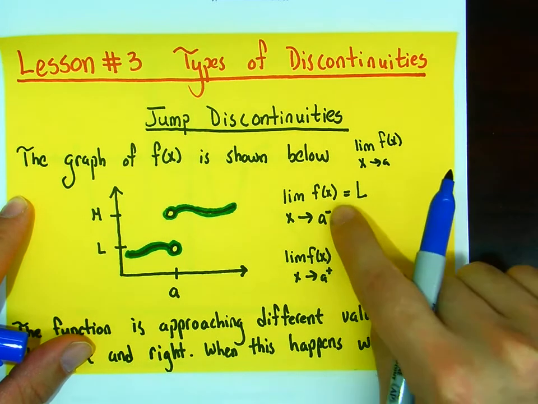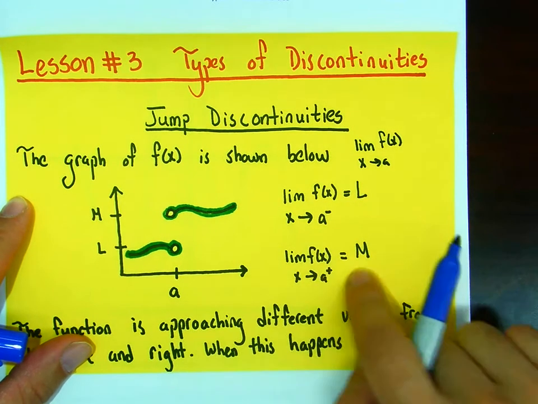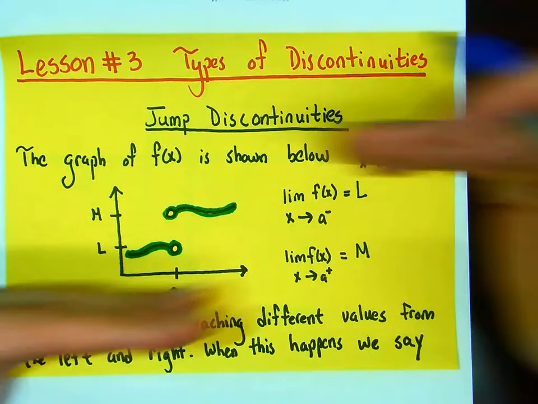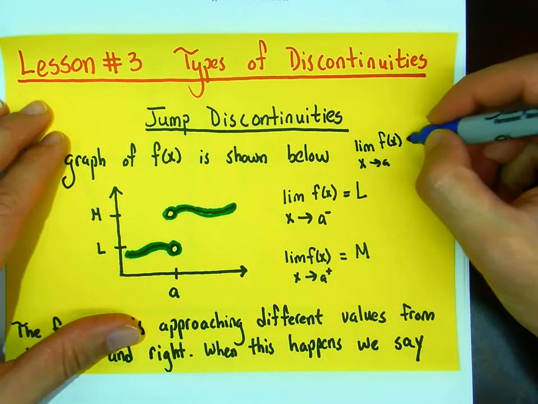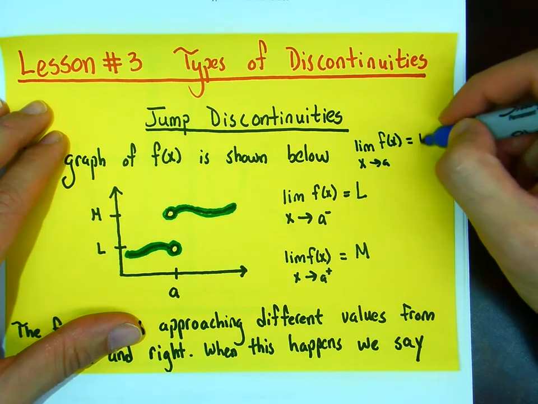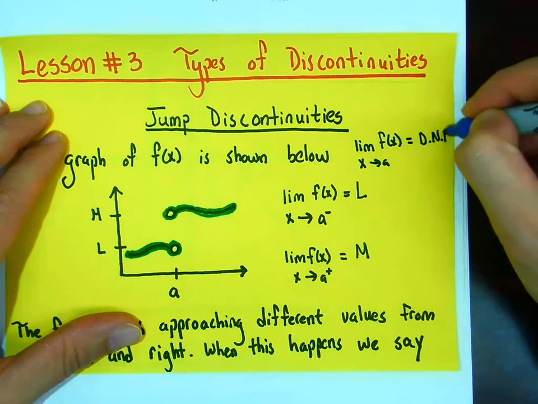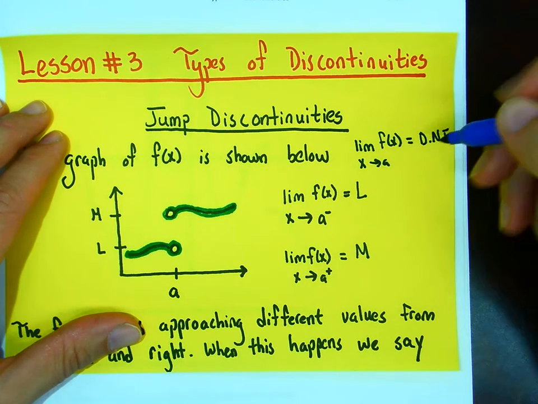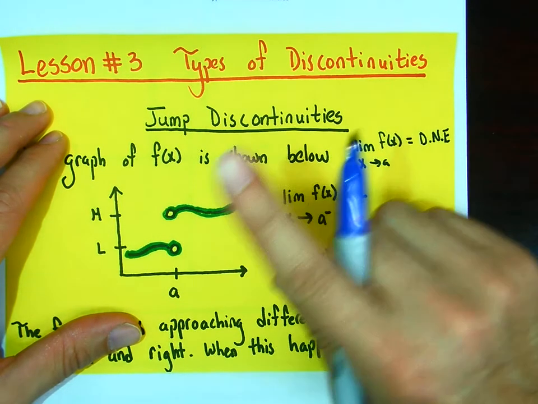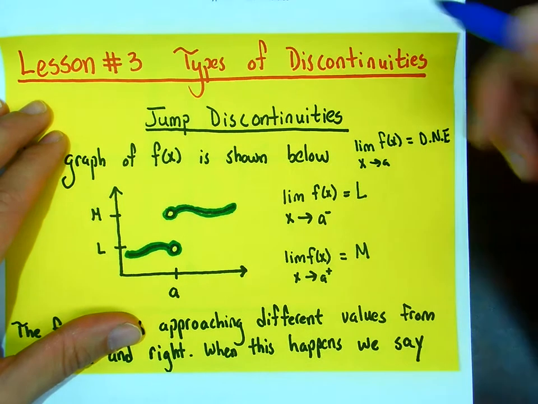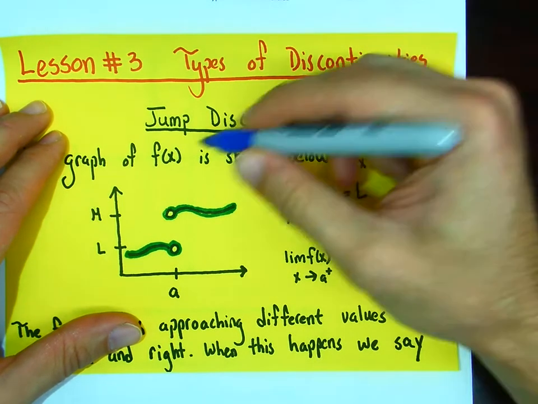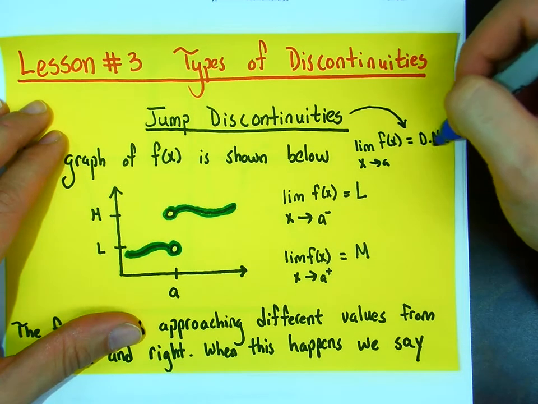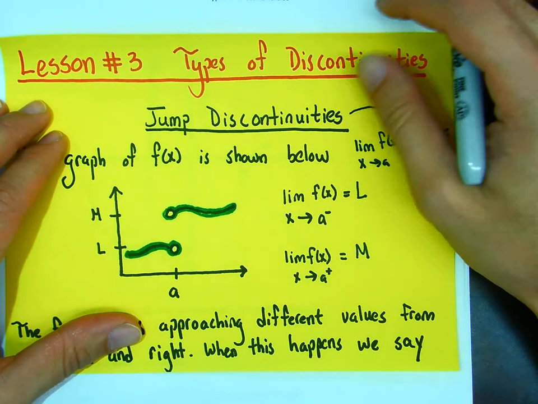From the left it's going to L, from the right it's going to M. They're going to two different locations. What do you know about the limit in general? The limit does not exist. If it were to exist, it would have to go to the same location, and notice that it does not. So it's very important to connect that for jump discontinuities, the limit does not exist.